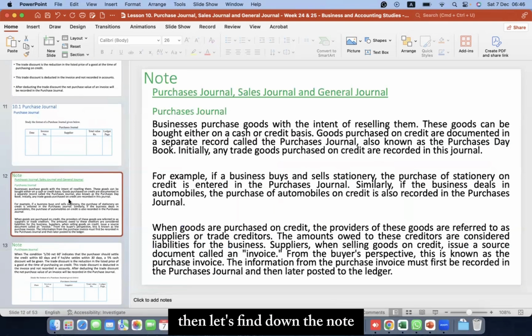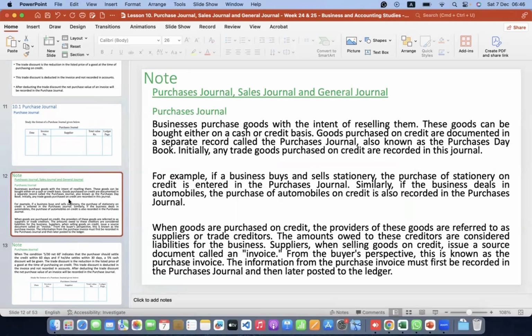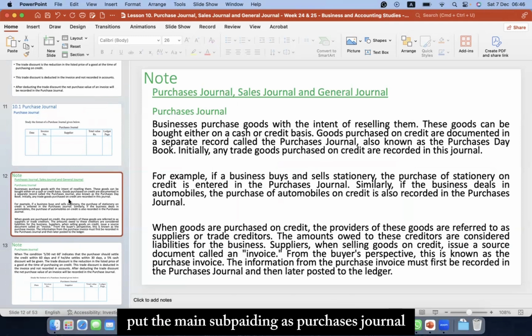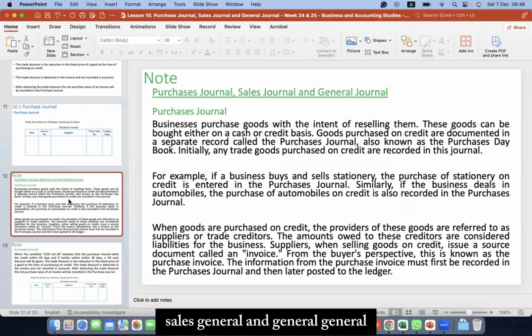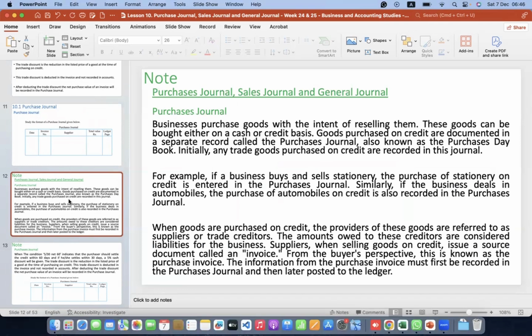Okay, then let's write down the note. Put the main subheading as purchases journal, sales journal, and general journal.